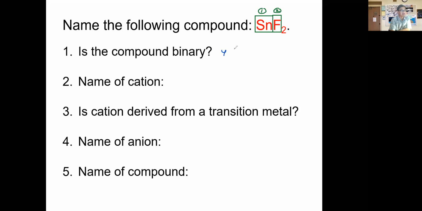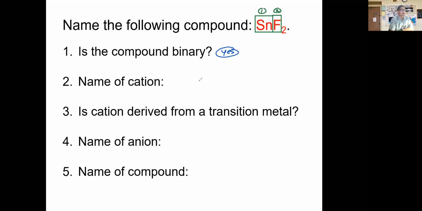Yes, because you have 2 elements. Remember, the little subscript here tells you how many total fluorines, and the implied subscript here is 1. So you have 3 total atoms, but this compound is comprised of 2 elements, tin and fluorine. So this is a binary compound.